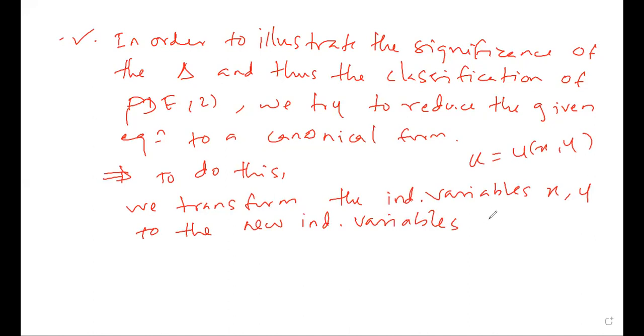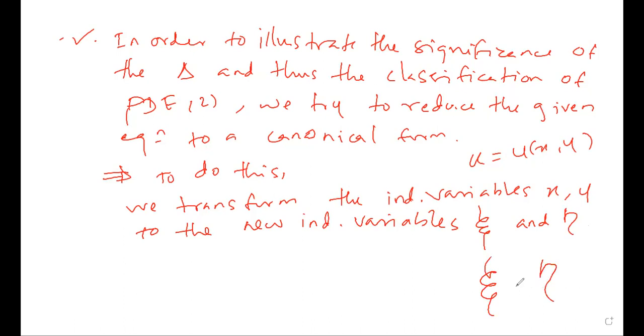Try to write this correctly. We call these theta and eta. In all the books, people use this notation, so try to write it like this: theta, and this is an eta.